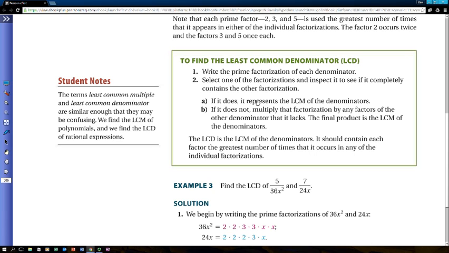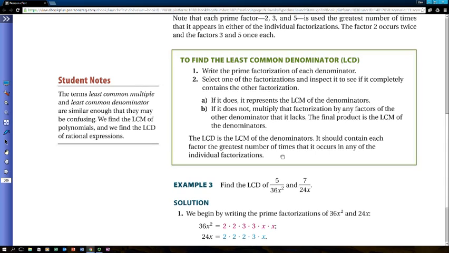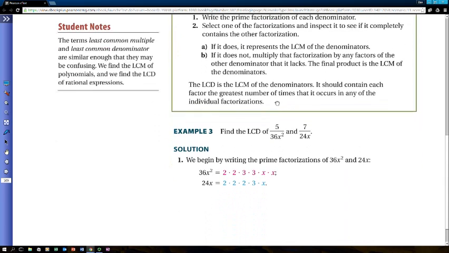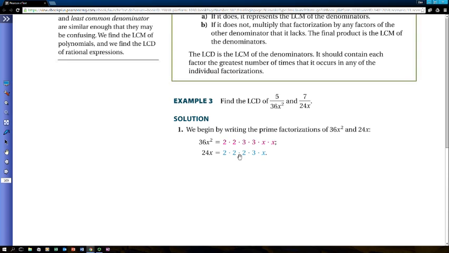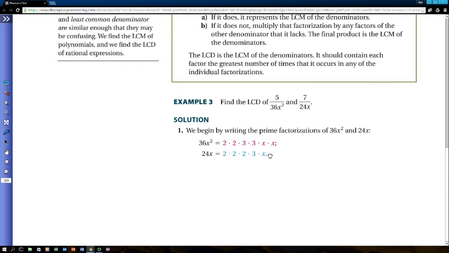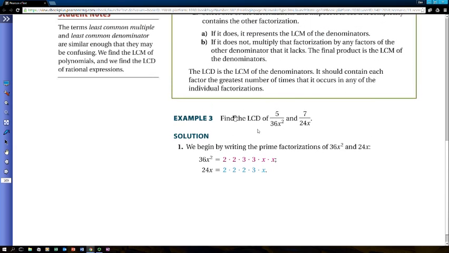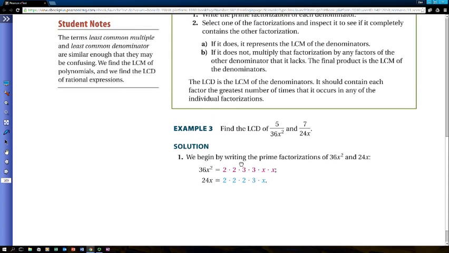If it does not, multiply that factorization by any factors of the other denominator that it lacks. And the final product is the LCM of the denominators. Now that's a whole mouthful of stuff. What I like to do a lot of times is something called Venn diagramming, which I'm not set up here to draw very well, but we'll talk about it when we go through these next ones.